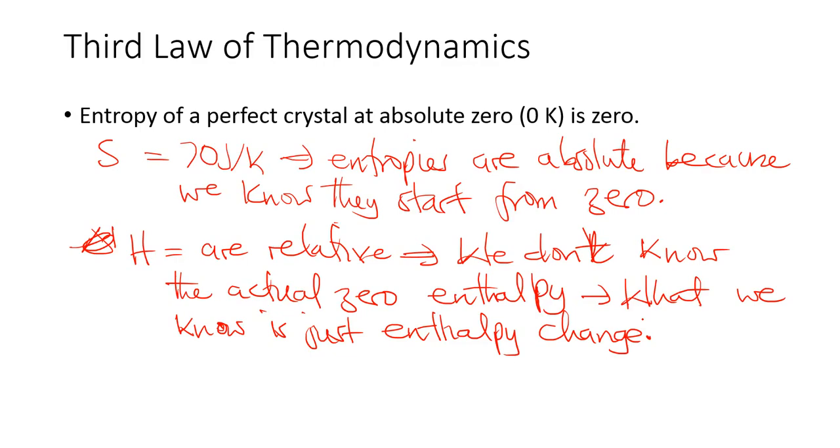While for entropy, the third law says that the entropy of a perfect crystal at absolute zero is equal to zero, which means if we have 70, we know this 70 is starting from 0 to 70. With enthalpy, if you have 70, you are not sure. Maybe we had two enthalpies, one at 170 and another at 100. We subtracted them to get the change in enthalpy of 70. So that's why the third law of thermodynamics is really important.